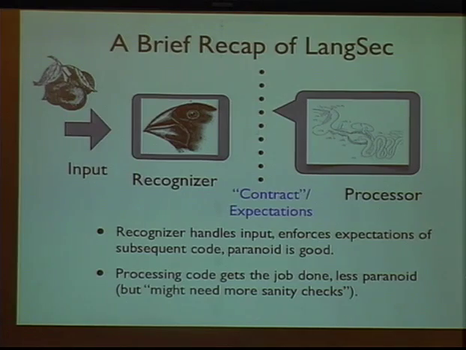If it's something context-sensitive, such as HTTP or DNS, then again a suitable parsing automaton is used. Once recognition is complete, either the input is accepted or rejected, then expectations can be enforced on the subsequent code via design by contract. Then, and only then, once all of your assertions have passed, I mean, this is 101, then you can safely process.